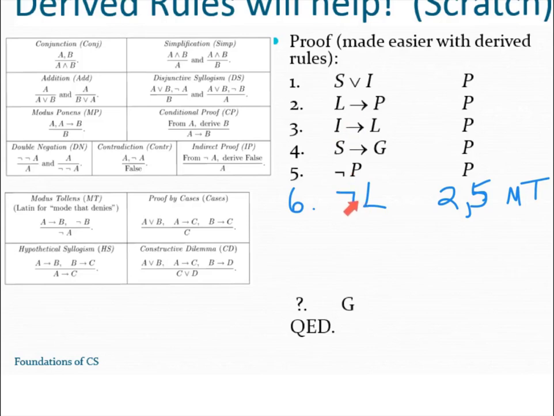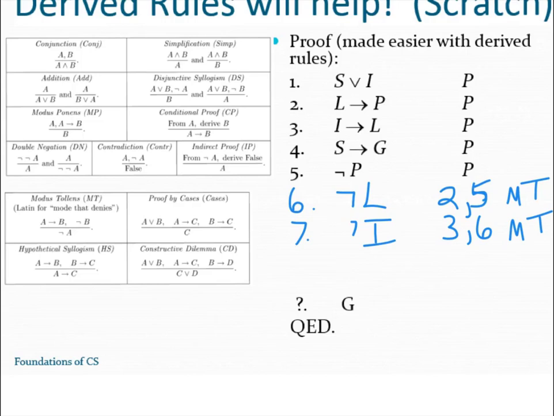The L gives me P, and now I have a not L. So maybe we should just try modus tollens again, because it's something we could do, right? So let's try it. Since I know not L and I know that I implies L, I can say not I, and that would be from lines 3 and 6, and modus tollens.